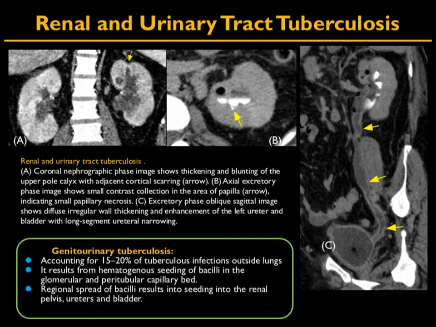Regional spread results in seeding of the renal pelvis, ureters, and bladder, and can be multifocal. It looks often like a stricture, can be very difficult to distinguish from a carcinoma, particularly if it's a single point of involvement. Sometimes you see calcifications. Other times you'll see other organ involvement beyond the kidney, in particular when patients have disseminated tuberculosis.